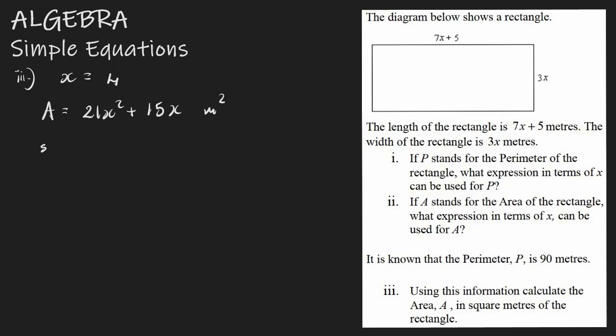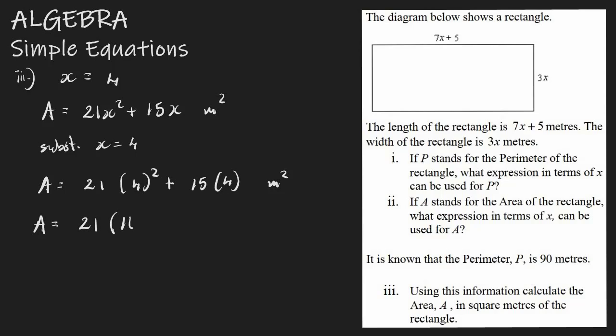So, substituting x is equal to 4, we have A is equal to 21 times 4 squared plus 15 times 4. And this is in meters squared. A is equal to 21 times 4 squared, that is equal to 16, plus 15 times 4, that is equal to 60.